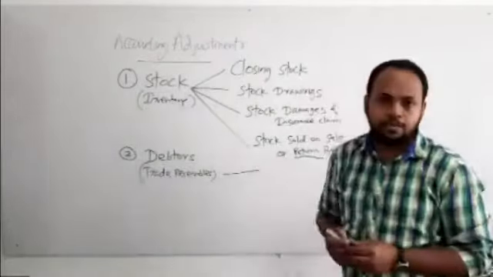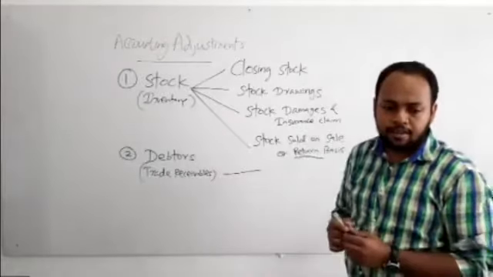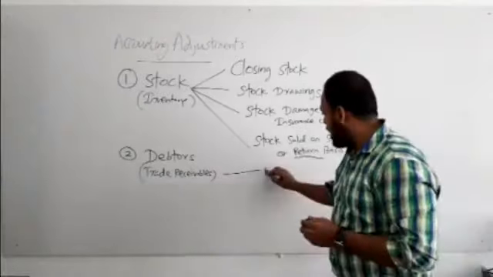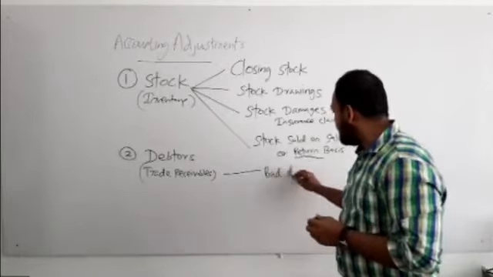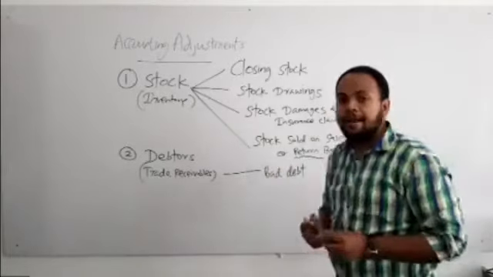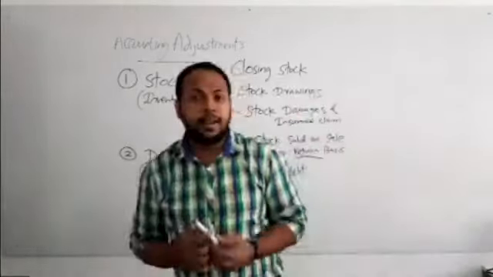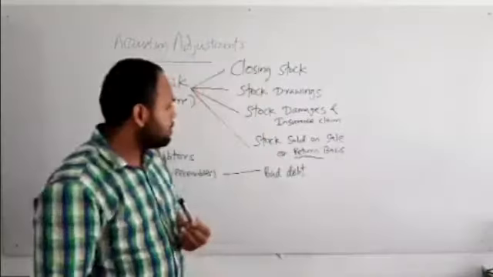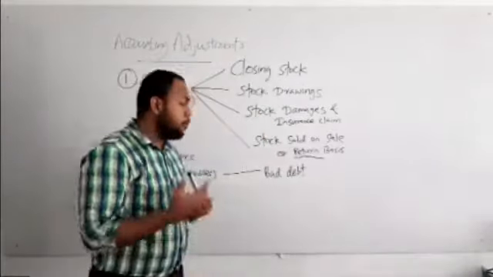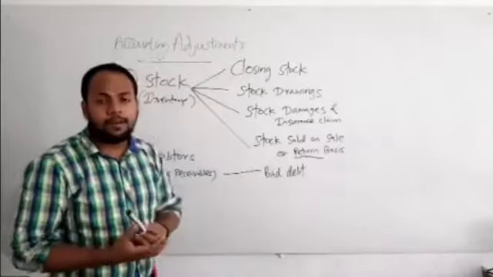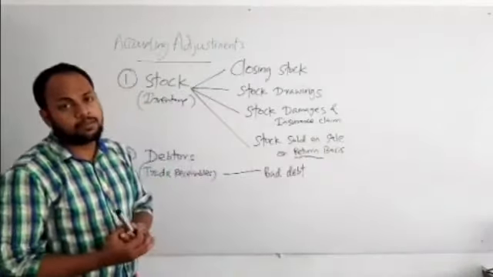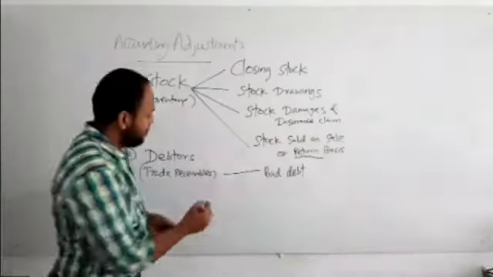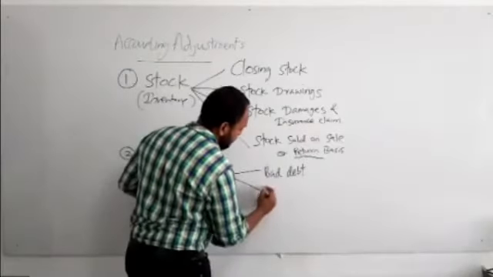So what are the adjustments related to trade receivables? We have bad debt, unrecoverable debts. Either the customer has debt or he is bankrupted, so we can't recover the money from the customer. Bad debt.